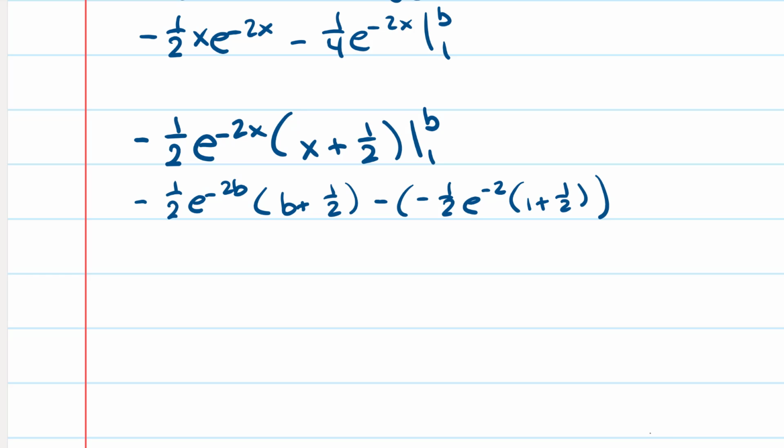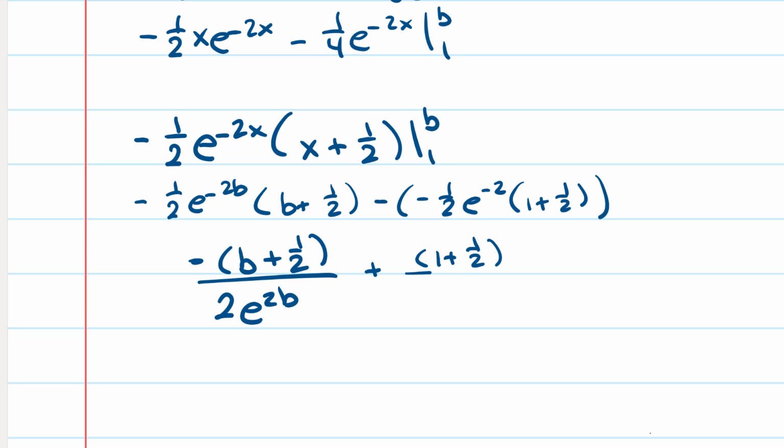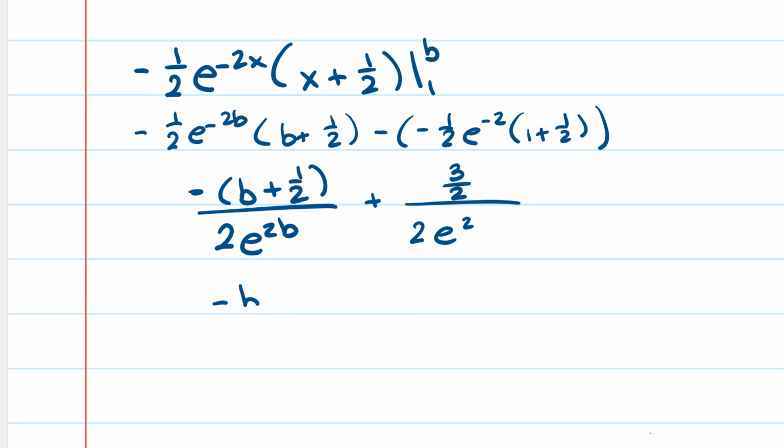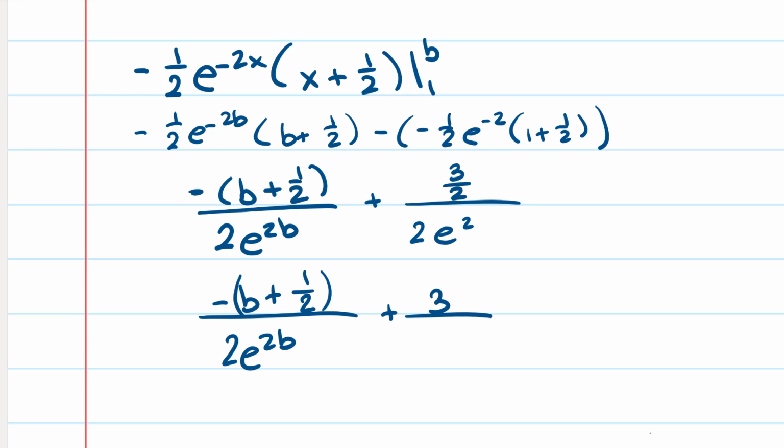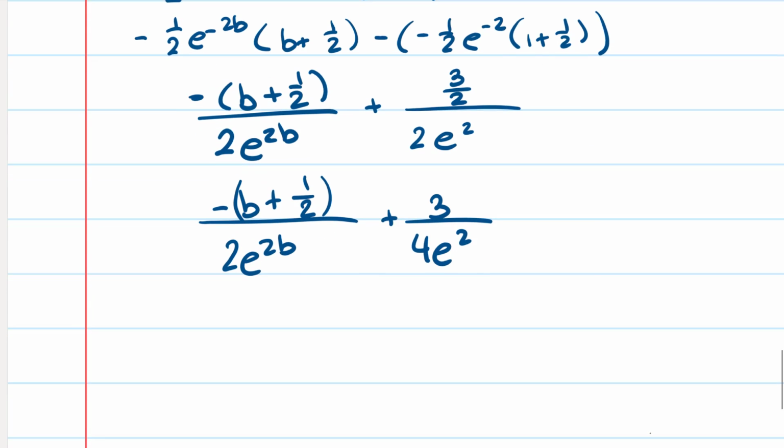It becomes negative b plus 1/2 over 2e to the 2b plus 1 plus 1/2 over 2e squared. And 1 plus 1/2 is just 3/2. So this is negative b plus 1/2 over 2e to the 2b plus 3 over 4e squared, cleaning up those fractions a little bit.